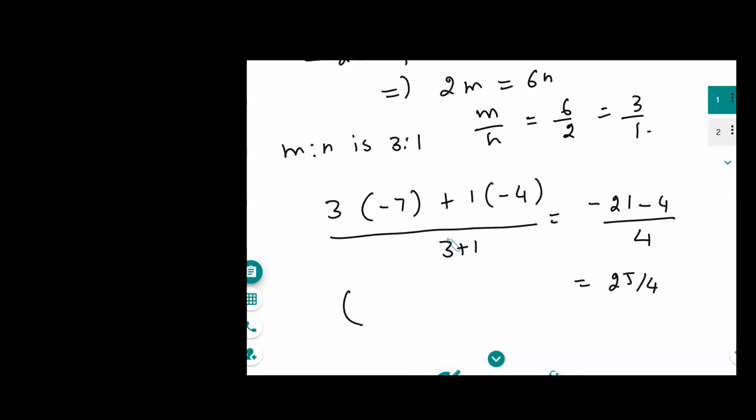So the point of intersection is (0, minus 25 by 4).